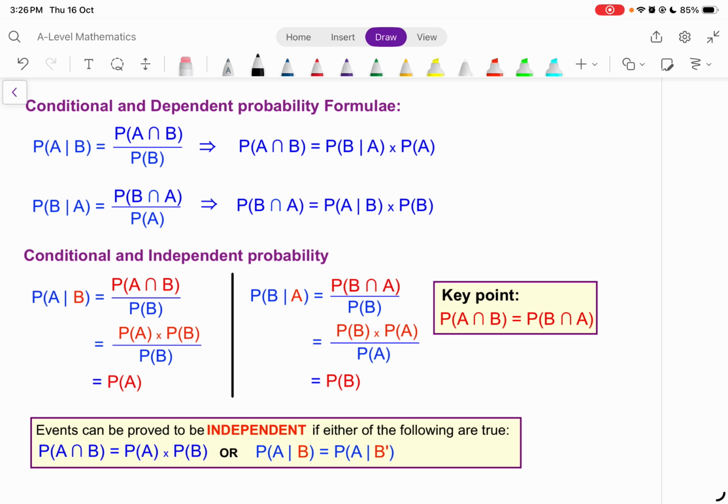Okay. So 其实如果你有发现到的话，它有点像是什么？它有点像是我们的 independent 的那个 formula. How can I say? Yes, it's confusing.